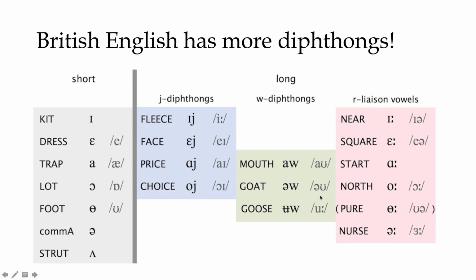Goose, rather than having an off glide, is just a long U. And then because R's aren't pronounced after vowels in British English, they're replaced with this little schwa, so you get these schwa-y diphthongs, nia, square. I'm terrible at it. Instead of north being orth, it's north, pure. And instead of nurse being nurse, it's nas.